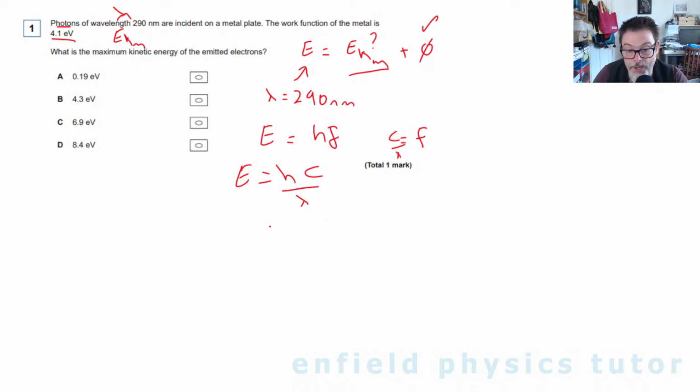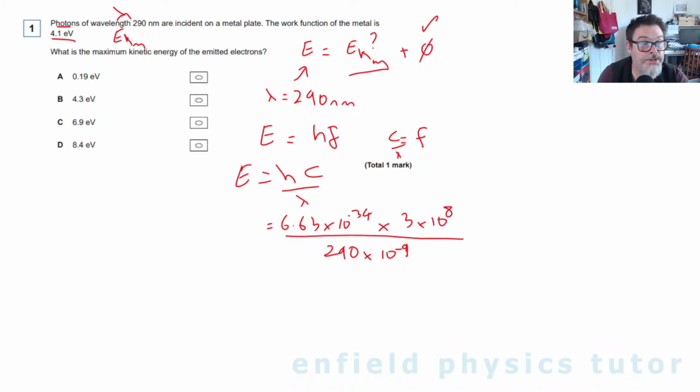So if we put in the numbers, 6.63 times 10 to the minus 34, that's h, times 3 times 10 to the 8 over lambda, 290, and a nanometer is times 10 to the minus 9. I put 19 there because I was thinking ahead, but it's minus 9.